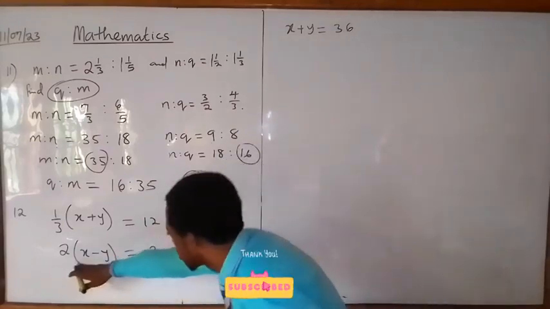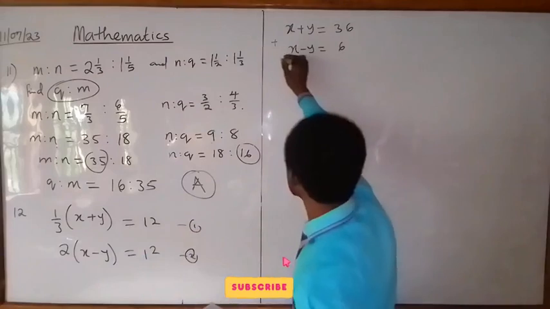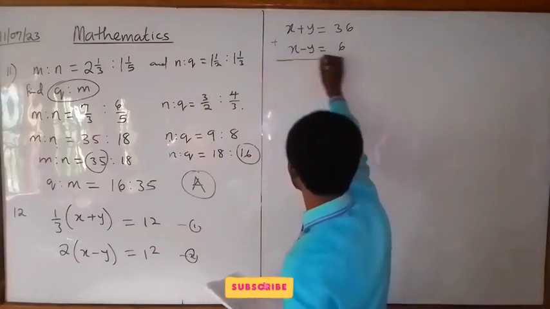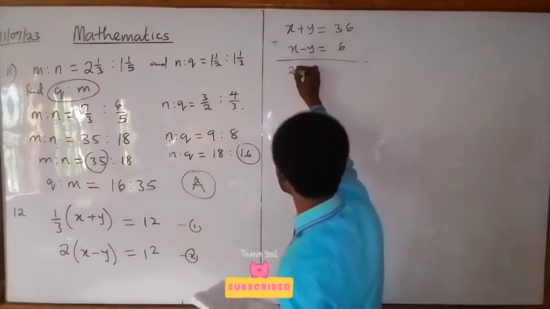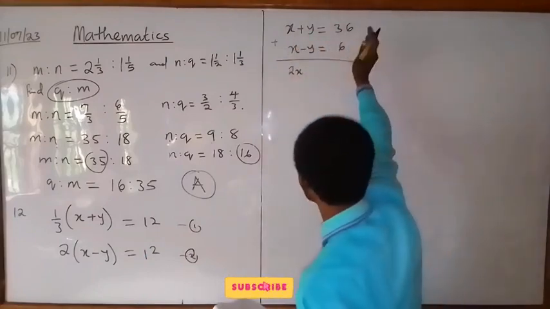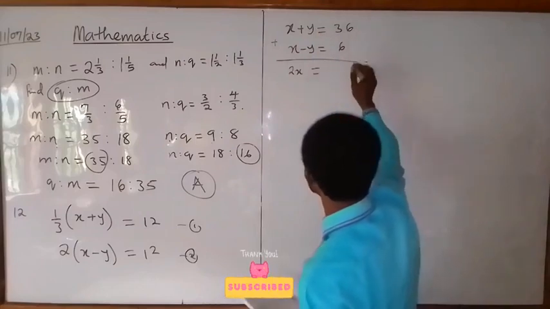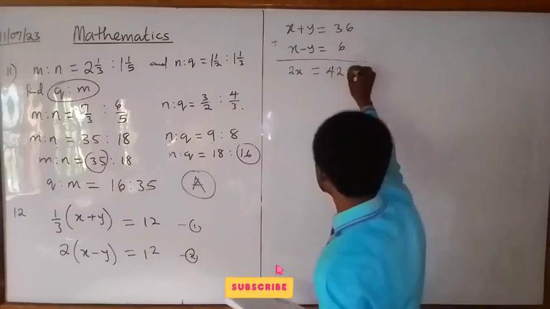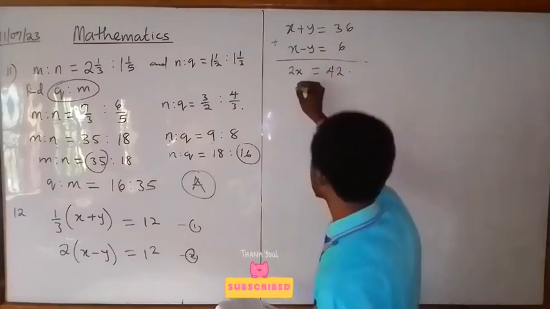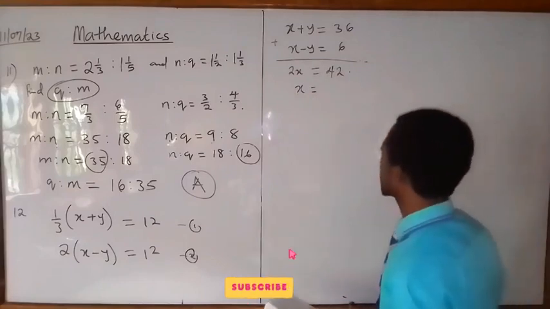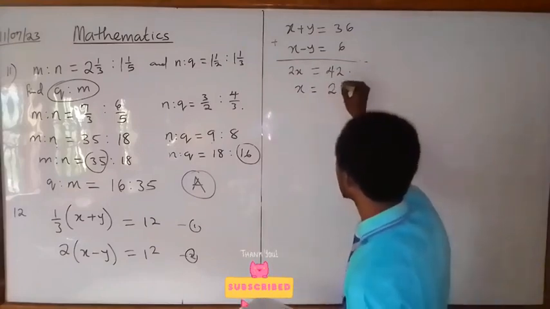When we add to eliminate y first, we have x plus x, that gives us 2x, then plus y minus y is zero, equals 36 plus 6, that gives us 42. By the time we divide through by 2 to get x, 42 divided by 2 gives us 21. That means x is 21.